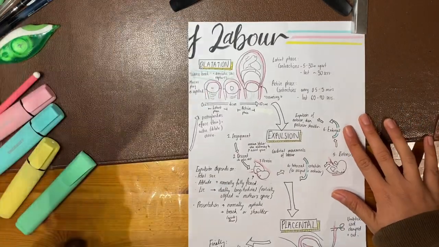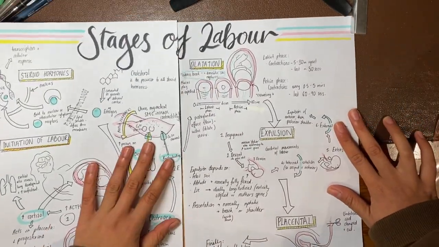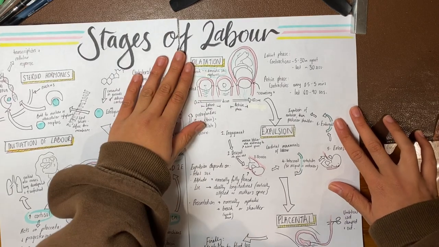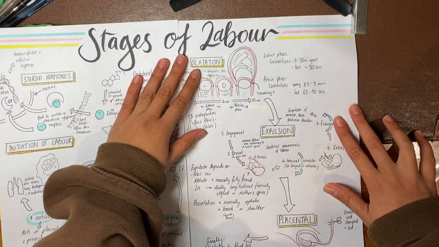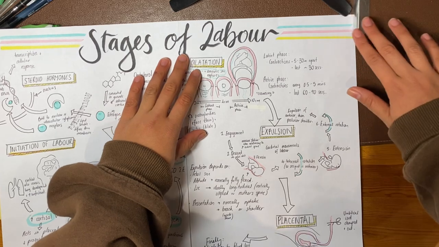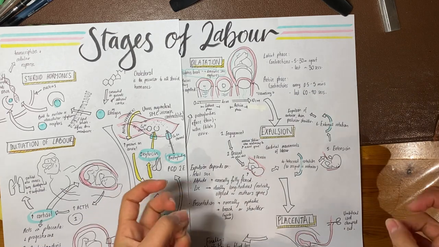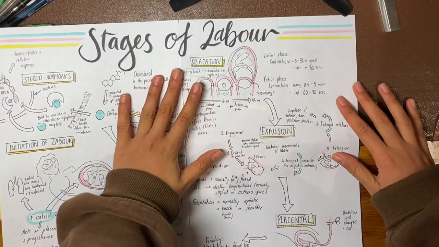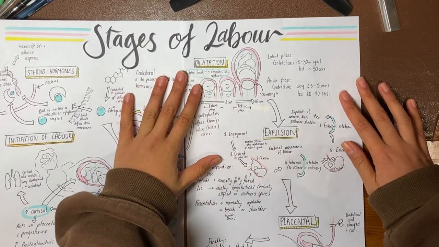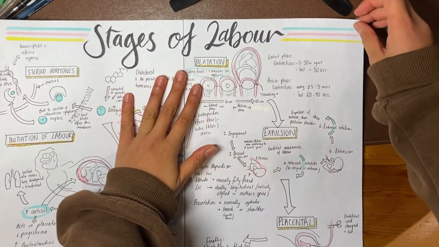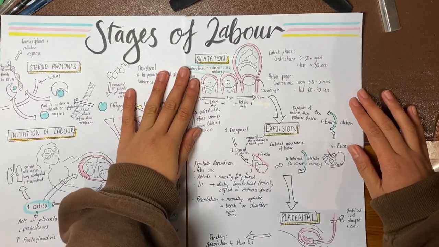Okay, now moving on to the expulsion phase. This is the phase where the baby actually yeets out of the uterus and into the world. It has a few cardinal movements of labor, which apparently can be very interesting to watch, should we ever get to witness a childbirth, which I would love to.